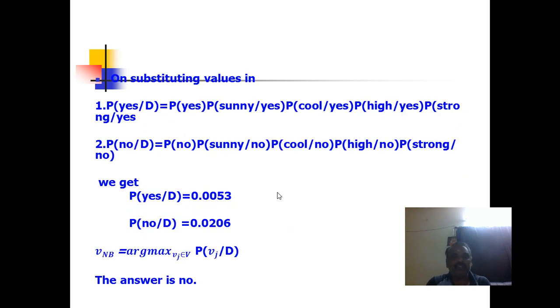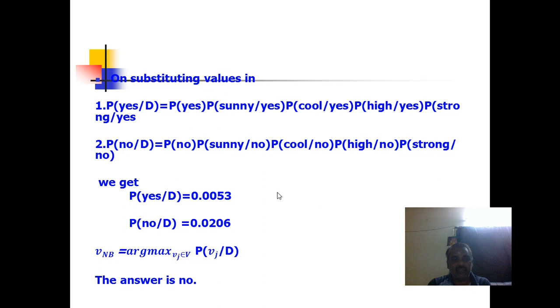Now, on substituting these values in the two expressions, P of yes given D and P of no given D, we get P of yes given D is equal to 0.0053 and P of no given D is equal to 0.0206.